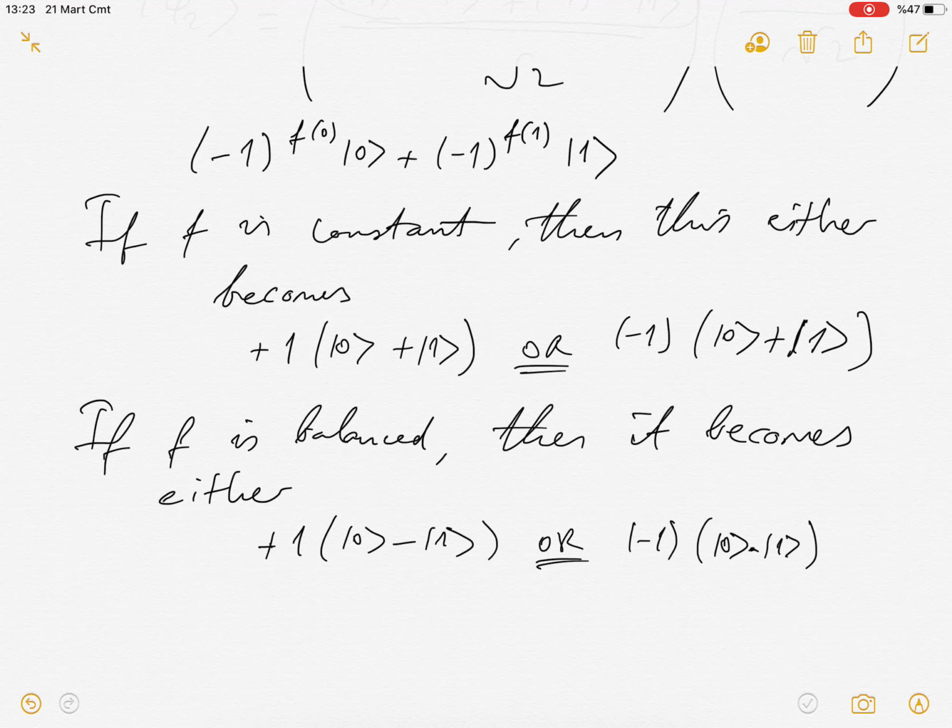Okay, so if f is balanced, we actually have the same state except the phase. And if f is constant, we have another state with possibly different phases.